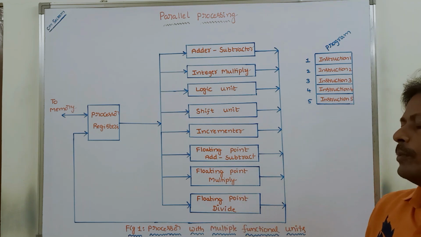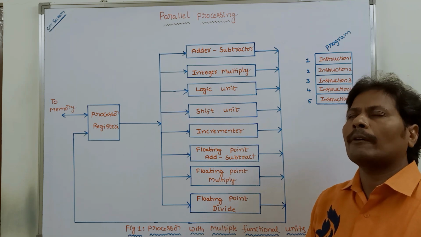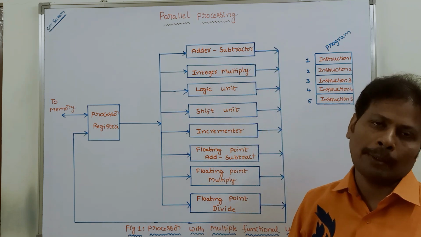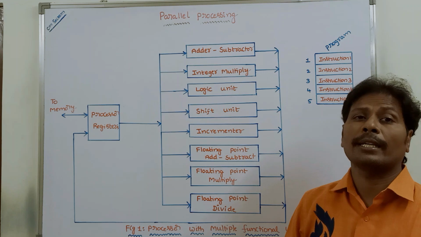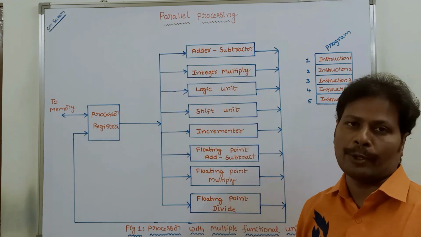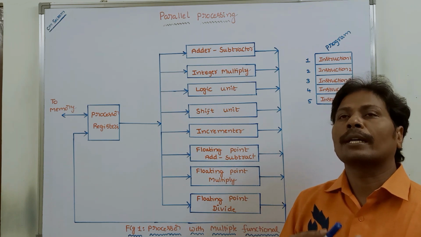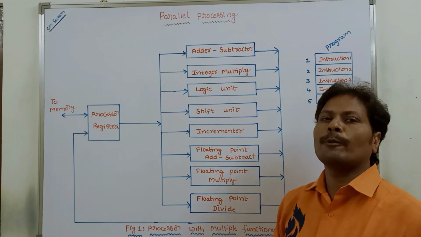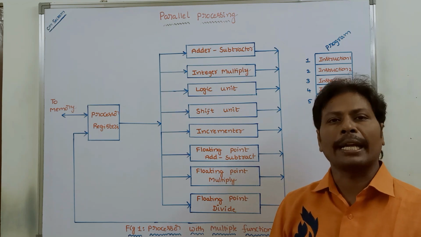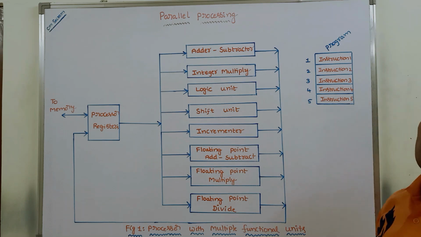Now, there are several possibilities for achieving parallel processing. The first one is that we can take more than one ALU. Each ALU can be used for executing one instruction. For example, suppose I am taking this program.